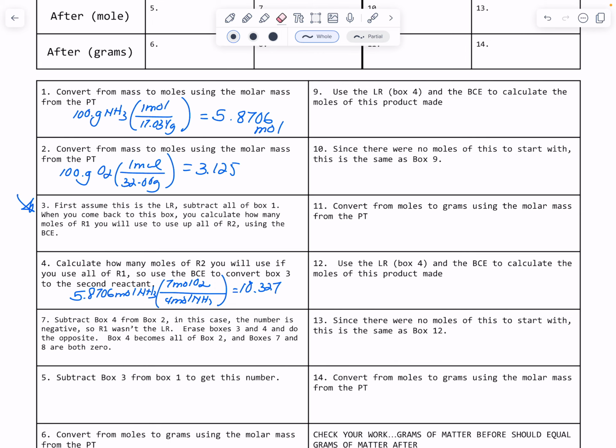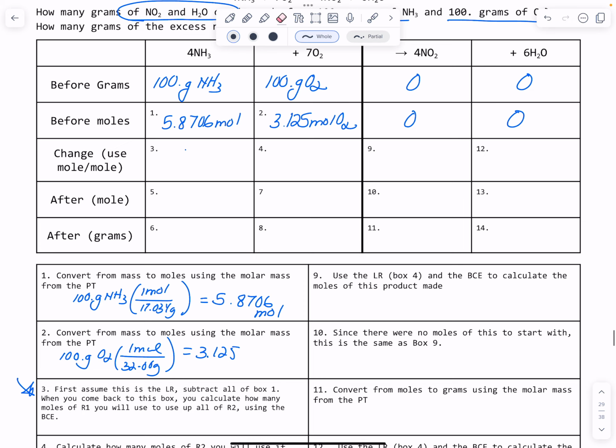So now I know that the oxygen is my limiting reactant, which means this is going to be all used up, 3.125 moles of oxygen. And now that I know that this is my limiting reactant, it is going to control all the other change boxes.